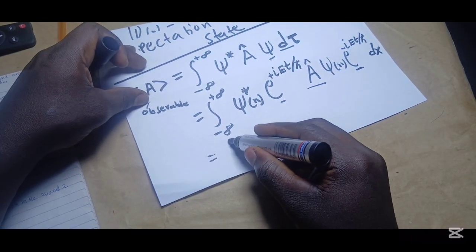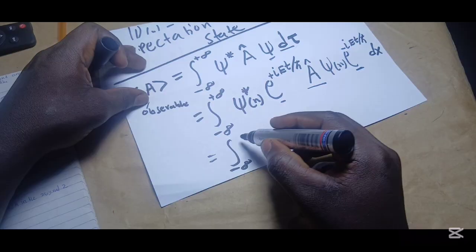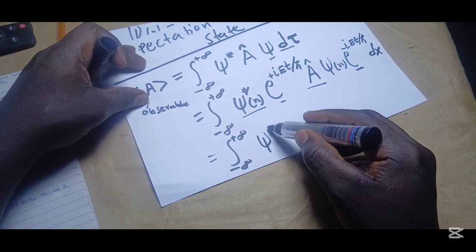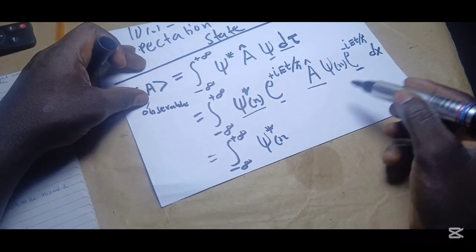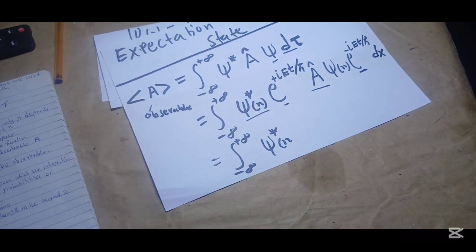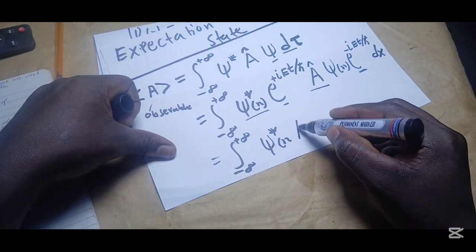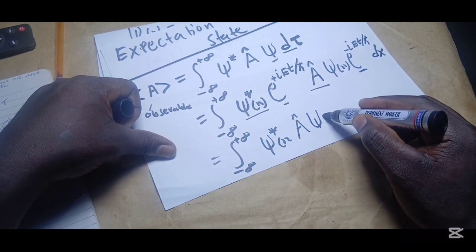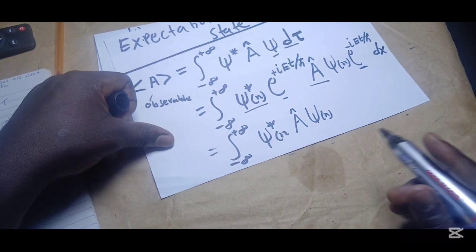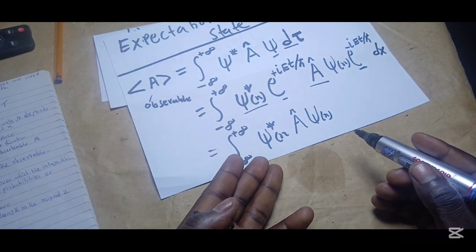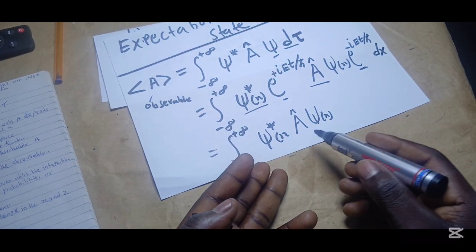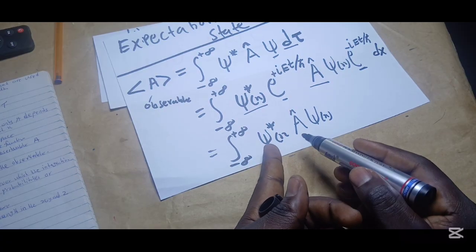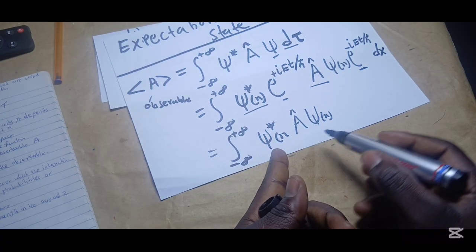So the integral from negative infinity to positive infinity, we bring psi star of x, bring in our operator, and then psi of x. Grouping them, we should group them in such a way that the operator would be between the wave function and its complex conjugate.